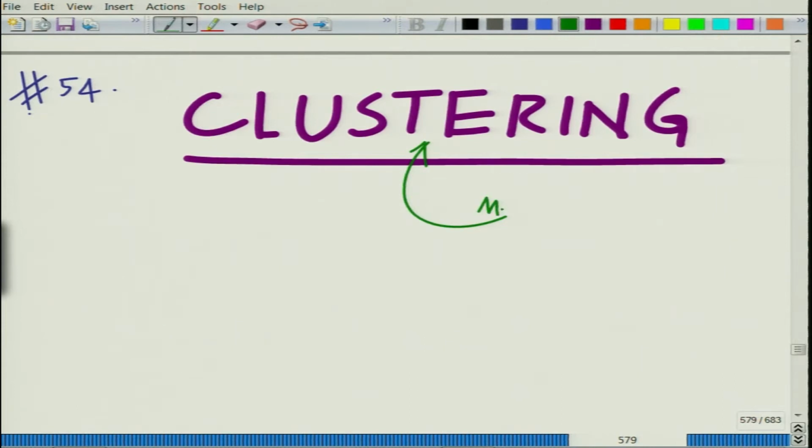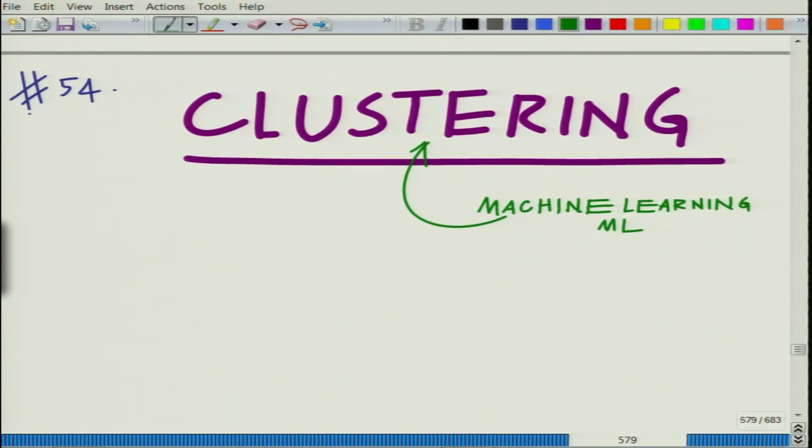So, clustering is a very important machine learning tool, or what we now call more often ML.